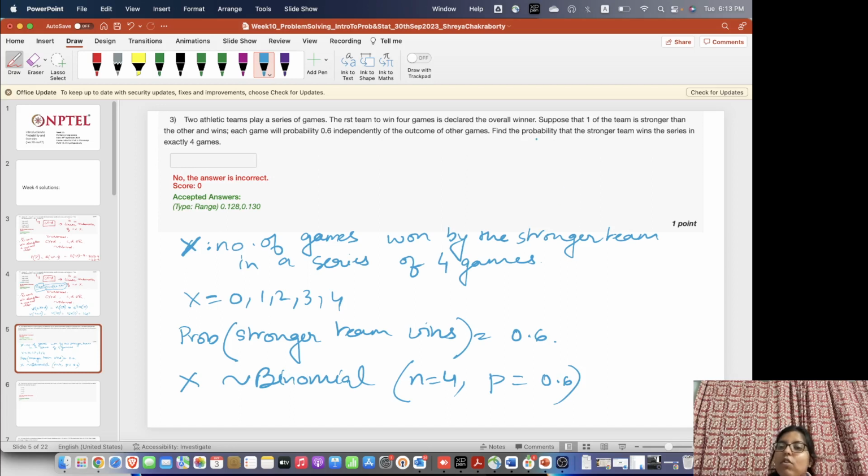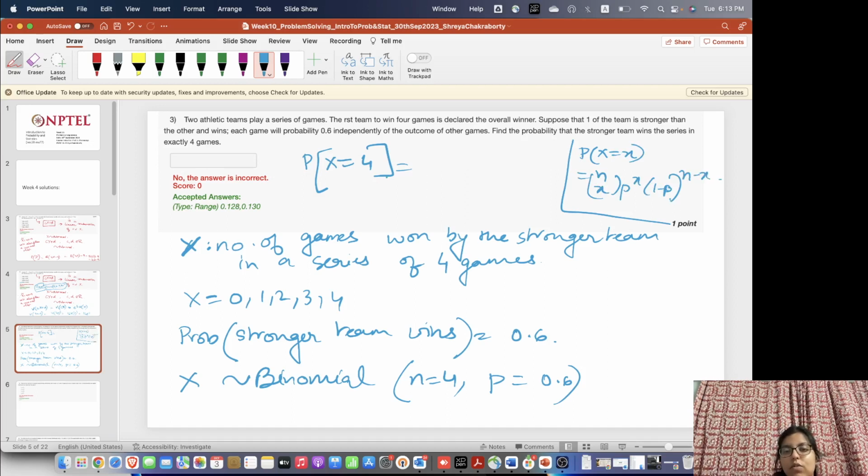So now we have: what is the probability that the stronger team wins the series in exactly 4 games. So exactly 4 games won is probability x equal to 4. It's a binomial thing, so probability x equal to x is n c x p to the power x, 1 minus p to the power n minus x.